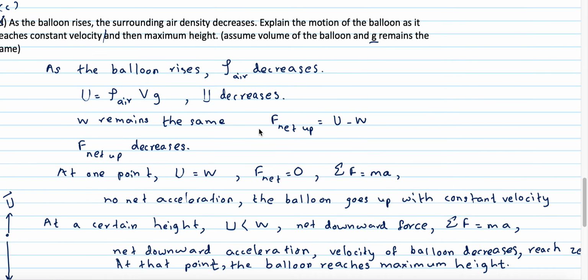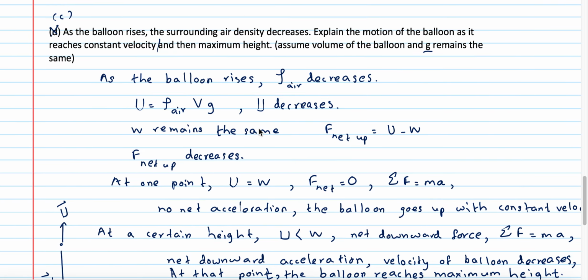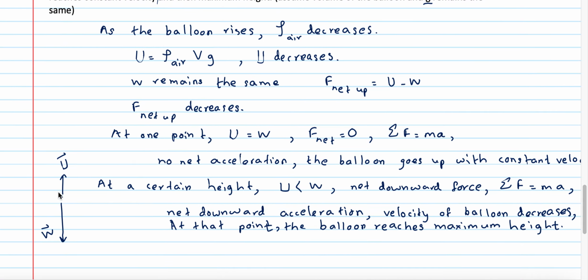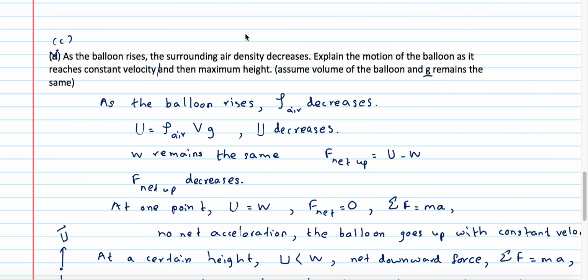And our question ends here. In real life, the velocity of this balloon can continue to decrease. It might become negative and the balloon will come down again, but the question stops here.